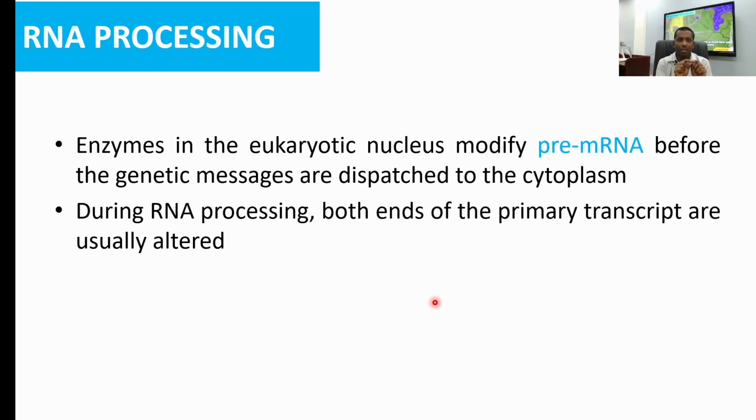During RNA processing, both ends of the pre-mRNA are altered. If you take a pre-mRNA molecule, you have the 5' and 3' ends, and both are altered.